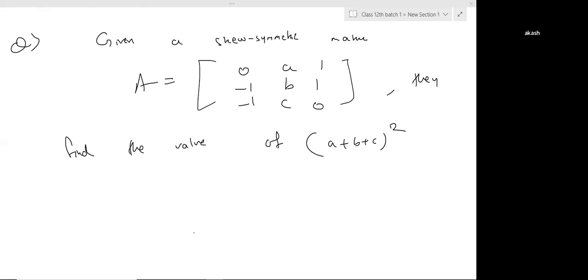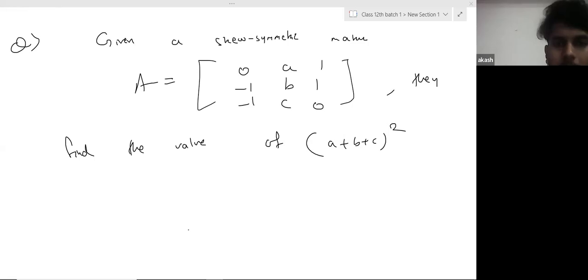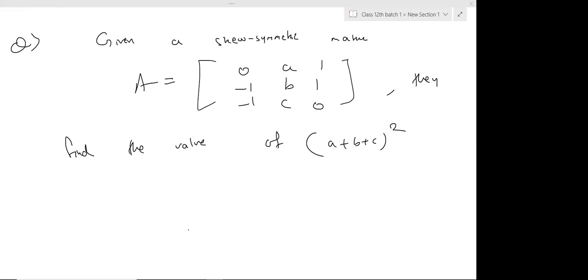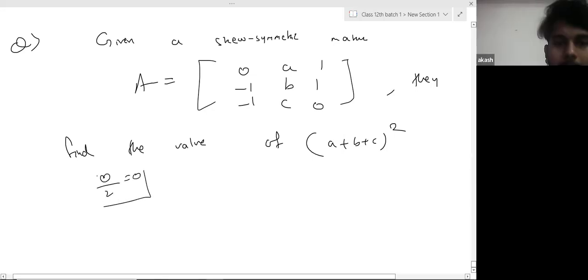Hamza and Shekhani, have you solved this? 0 by 2, 0 or 1? Sir, almost. All right. Shekhani, 0 by 2 is always 0. All right. 0 by anything is 0.